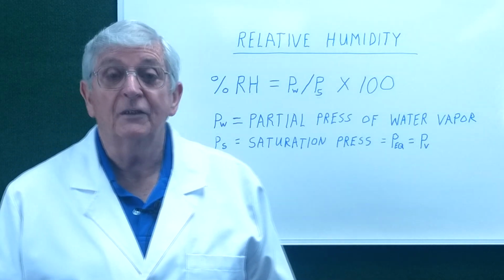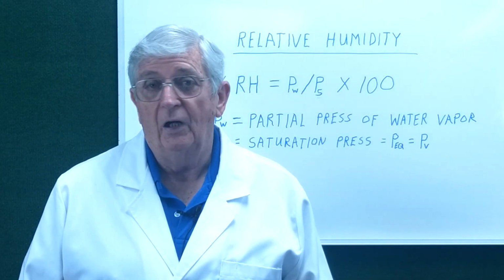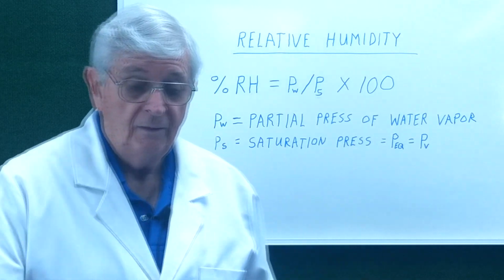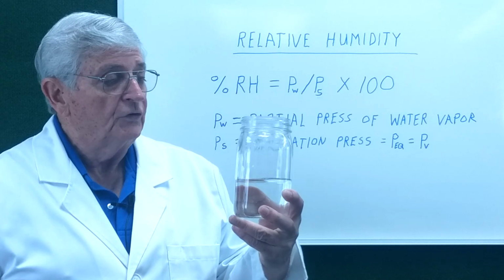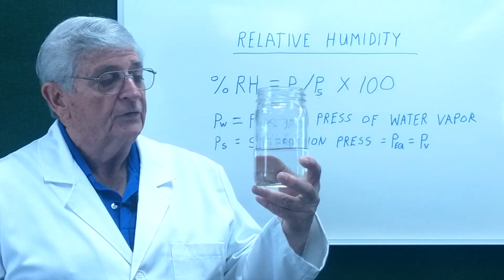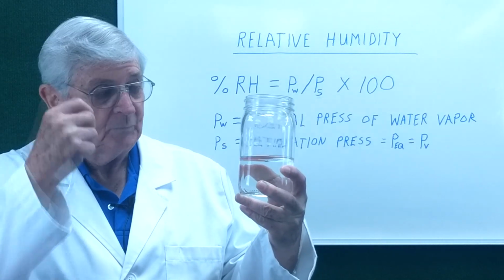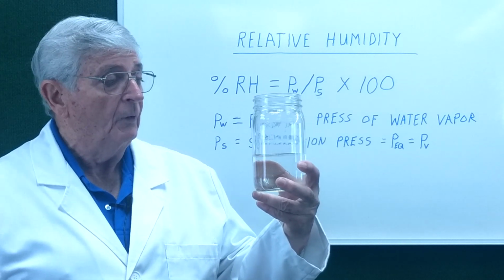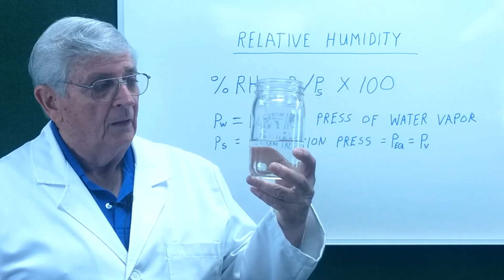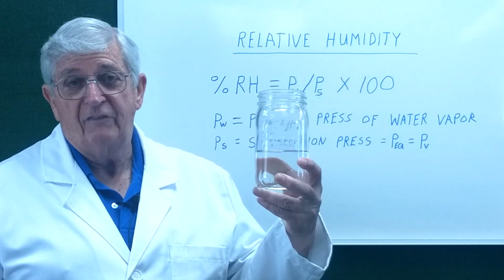Okay, here's an explanation of what we've just seen. Here's an open jar with some water in it. Now this water is actually boiling right now. We call this type of boiling evaporation.